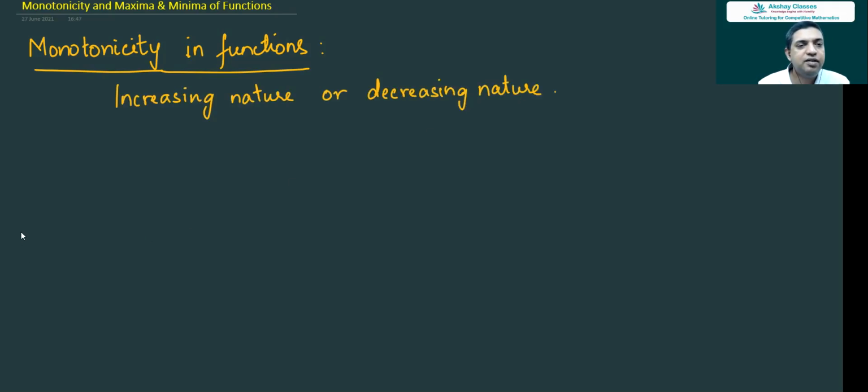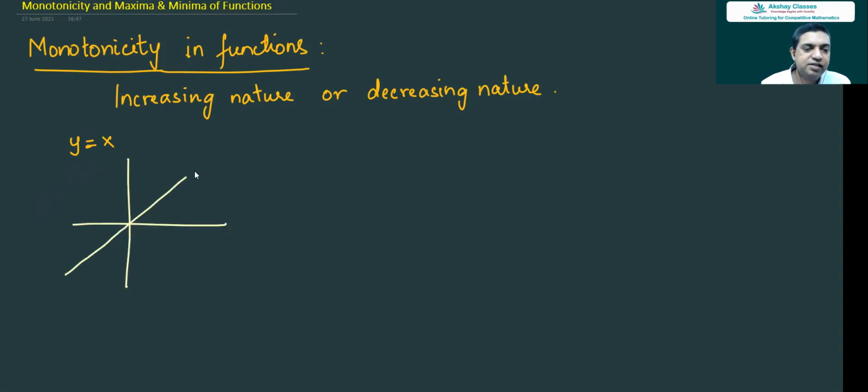So we apply that for increasing nature or decreasing nature. So for example, y equal to x is a graph, we know, is a straight line like this.